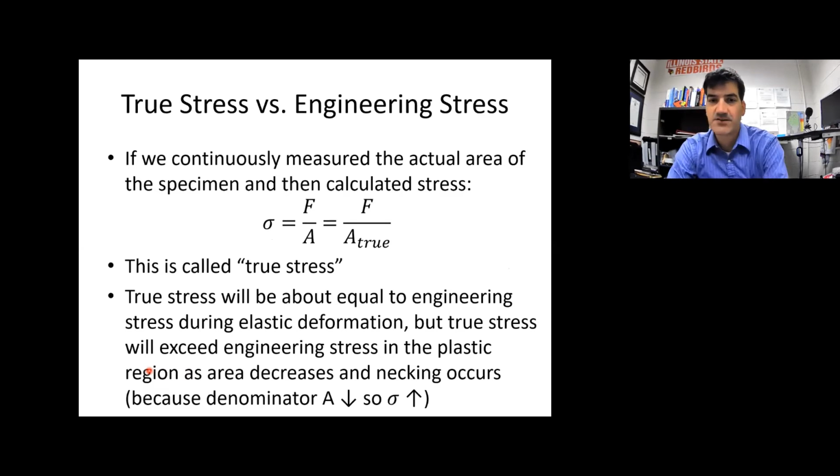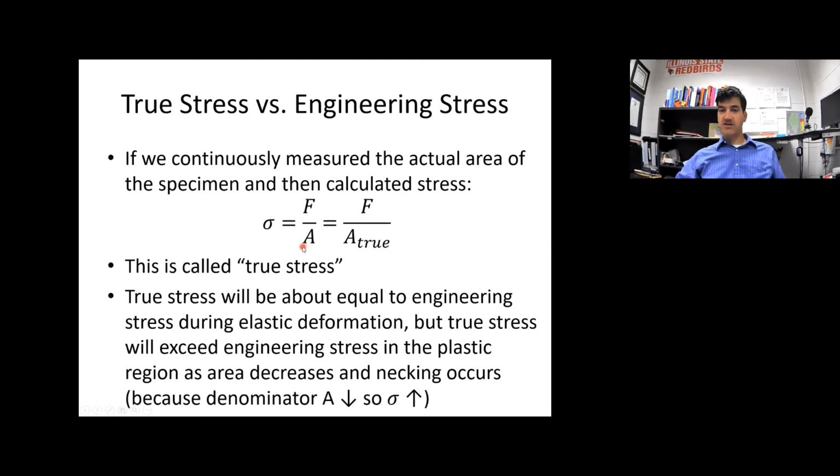So which is bigger? Which is bigger, true stress or engineering stress? All right, so let's say if we plotted true stress and engineering stress, which would be larger in magnitude? All right, well, think about this equation. All right, the area is going to be decreasing, right?